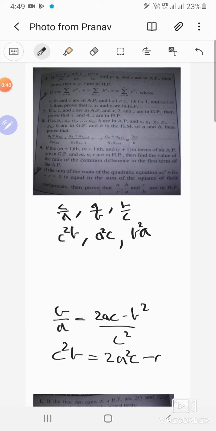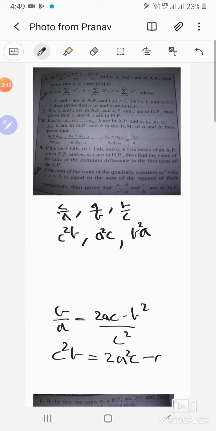Fine. So to prove that x, 4 and z are in HP, we basically have to prove that 1 over x, 1 over 4 and 1 over z are in an AP, which means that 2 times the middle term, which is half, is equal to the sum of this and that, which is 1 by x plus 1 by z.